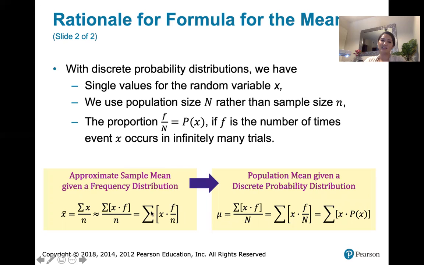This is not giving us the sample mean, this is giving us the true population mean. If we take f divided by capital N, that's giving us the probability that the value of our random variable is x. And we take that probability and multiply it by the corresponding x value and add them together, and that's giving us a mean in much the same way that this formula in the middle on the left-hand side approximated the sample mean given a frequency distribution.